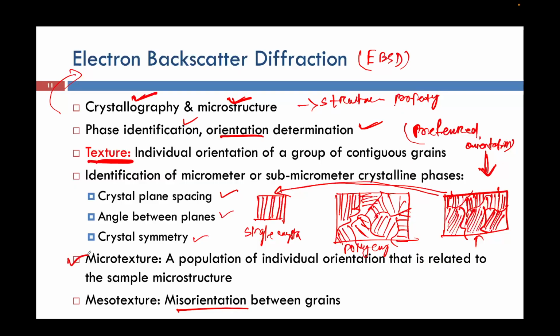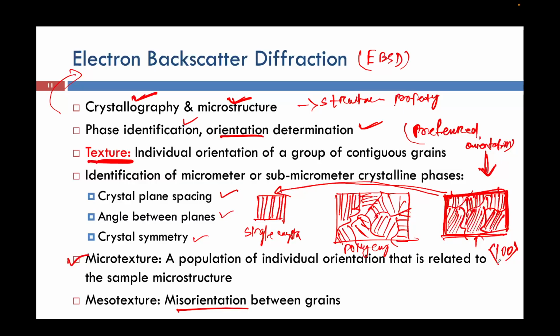Microtexture is the population of individual orientations that is related to the sample microstructure. So that means, let's say this is not the total sample, this is only an area of the sample I have mapped. From here I have got a texture orientation towards, let's say, 100.